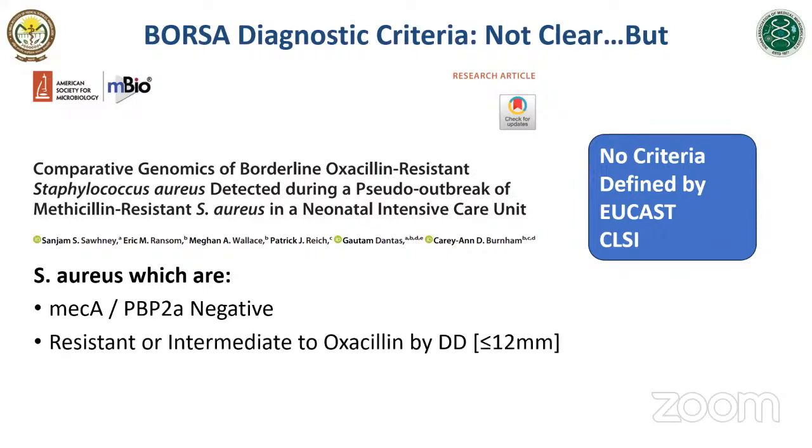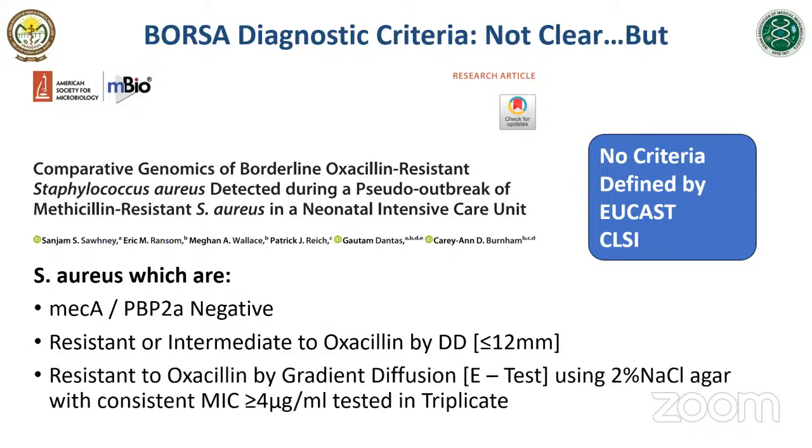It is resistant or intermediate to oxacillin by disc diffusion when the zone size is less than or equal to 12 millimeters. Oxacillin as a disc is being used occasionally, but not in all cases. And of course, there is resistance to oxacillin by E-test using 2% NaCl, with a consistent MIC of 4 or more when tested in triplicate.